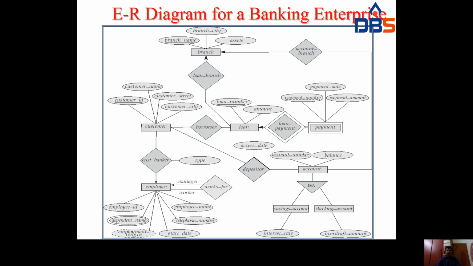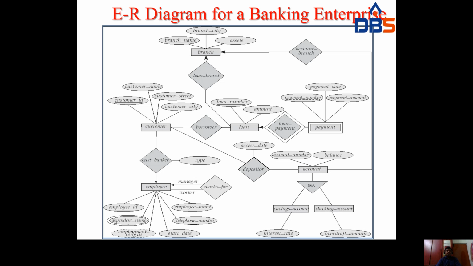Now here comes the ER diagram for a banking enterprise. For this purpose, we use examples like deposit, loan, and manager manages the bank, etc. By comprehending and consolidating all of these, we prepare an ER diagram for a bank enterprise.